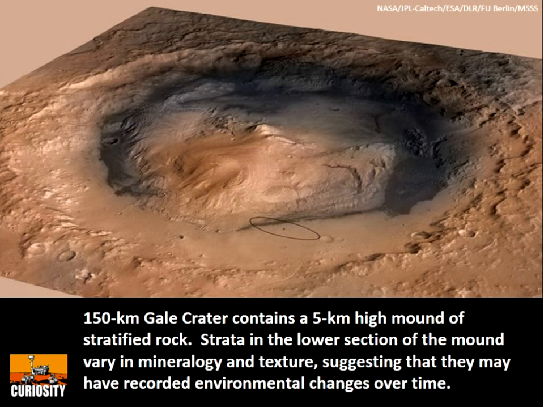So a little bit more background on the mission. We chose Gale Crater as our landing site because of all the places on Mars to look for places that once may have been habitable. This crater struck us as pretty interesting. Not only is it a crater that's about 150 kilometers across, about 100 miles across, but it has this big mountain in the middle of it.